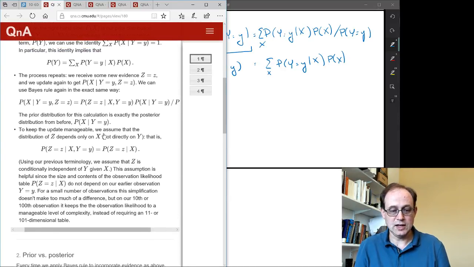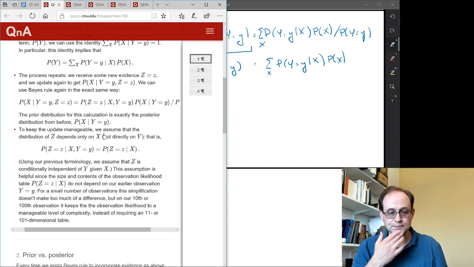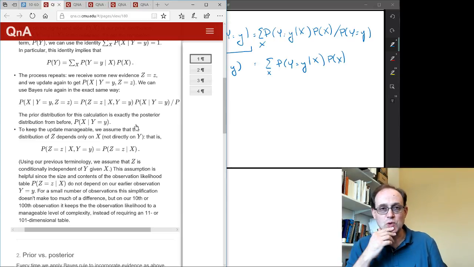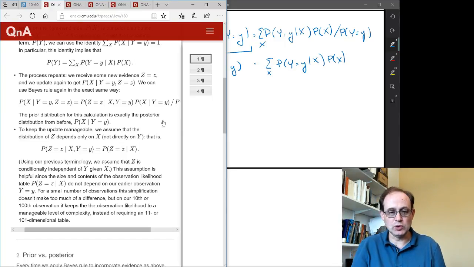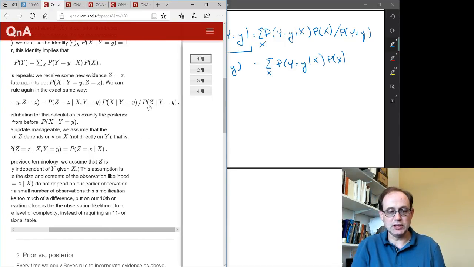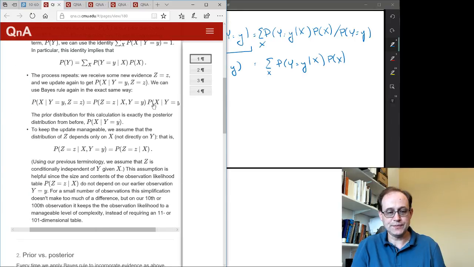All right, and so we have, just as before, the same two inputs, the prior and the observation likelihood, and we can apply Bayes' rule again in the exact same way, again using the sum rule to calculate the probability of the observation.